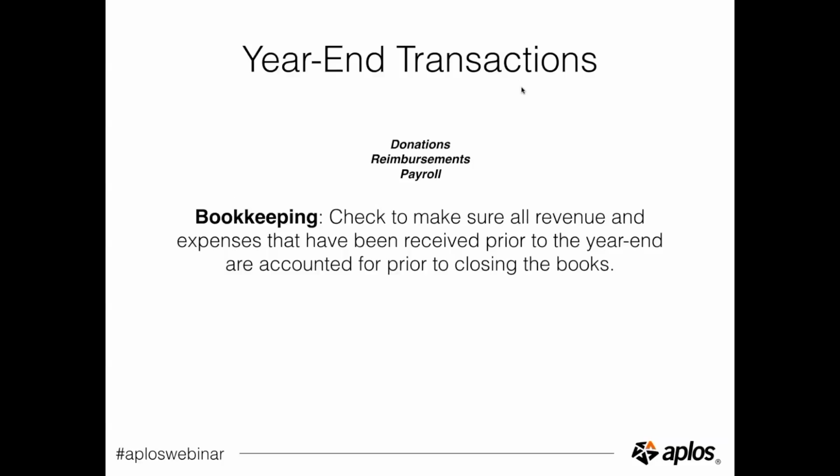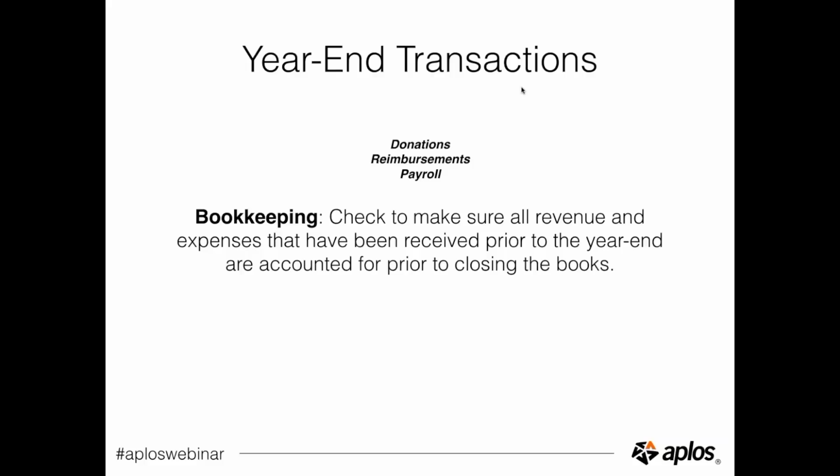Bookkeeping. So overall, just in general, bookkeeping, housekeeping, transaction entry, make sure that your revenue and your expenses have been received prior to the year end and are accounted for prior to closing the books. For those of you who might be unfamiliar with what that process looks like, if you're using software that requires you to close the books, basically you'll enter all of the information for the previous year in January, because you have to wait for the year to close.